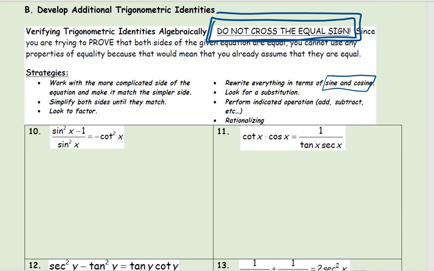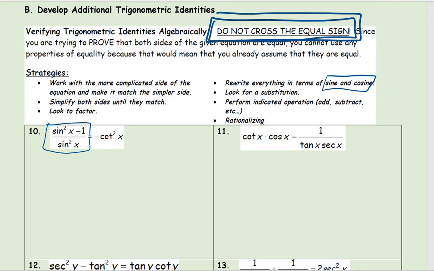So in example number 12, we have (sine squared x minus 1) over sine squared x is equal to negative cotangent squared x. The first thing I notice is that this side definitely looks a little bit more complicated than the right side, so I'm going to start with that side first. If I look at the top, I see that there's sine squared x minus 1.